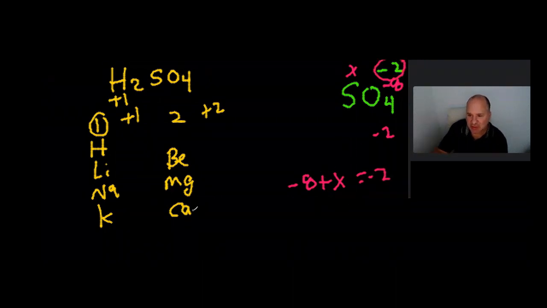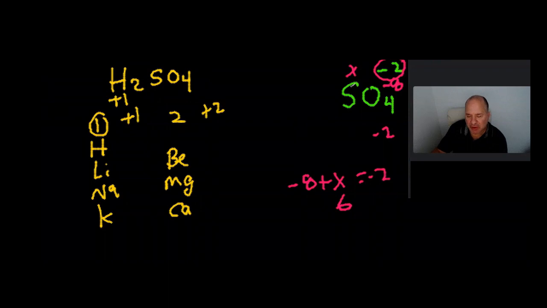So it's not summing to 0 this time because you have a charge on top. So in order for this to be true, X must be positive 6. Minus 8 plus 6 is negative 2.